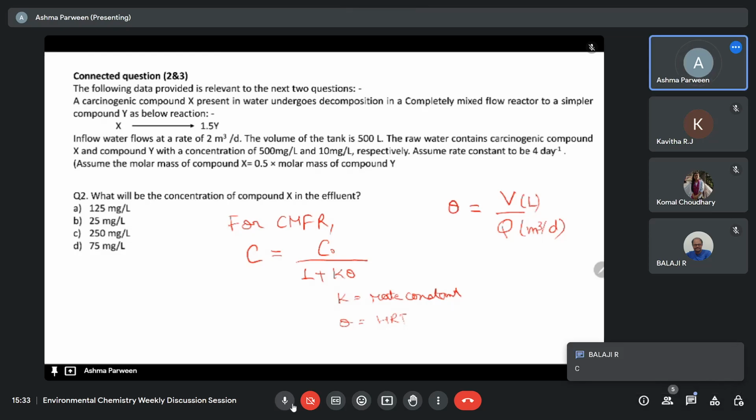Okay, I got one answer as C. So C is the correct answer. Let's see how to solve this.